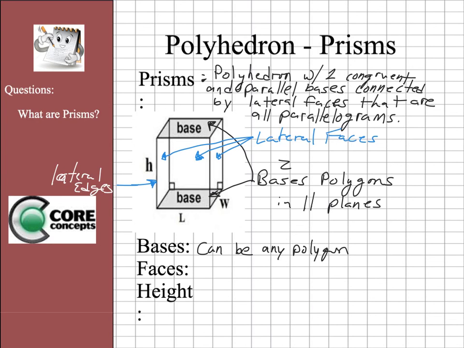Okay, there's two congruent polygons in parallel planes.